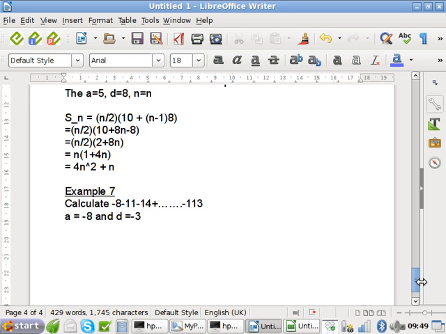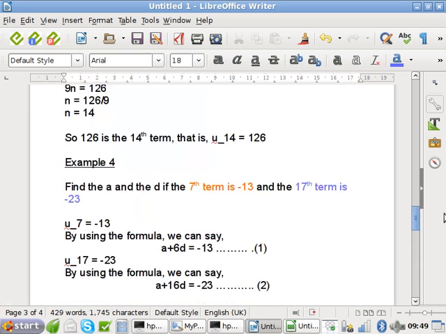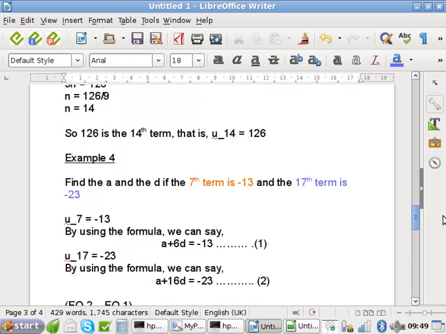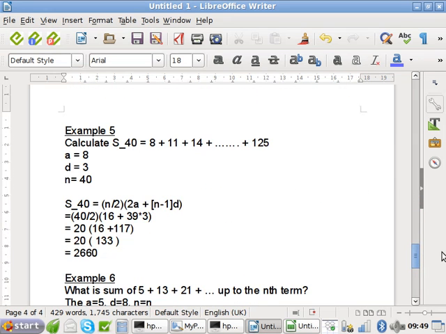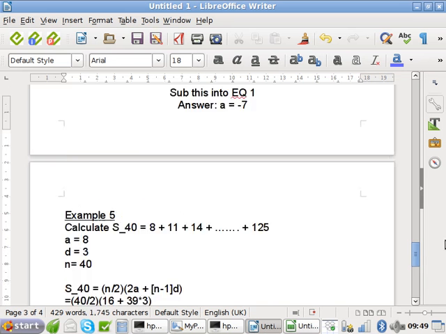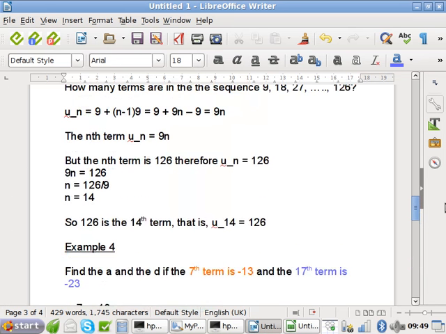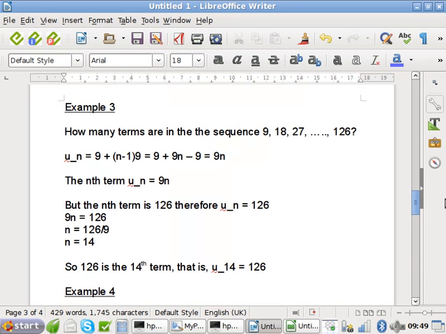But the big problem here is the n. You don't know what the n is. You have to find the n and substitute in. It's like example 3, finding the n.